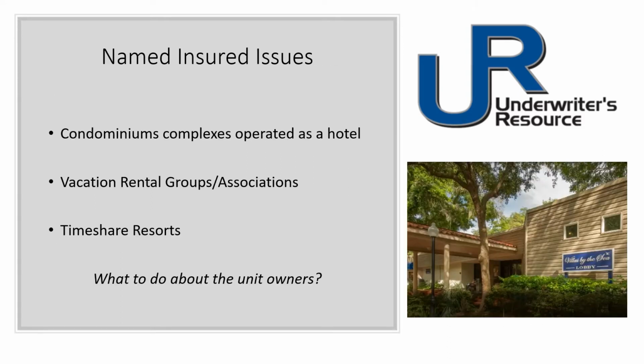With some types of hotels, motels, and resorts, there is a named insured issue. Particularly with condominium complexes that are operated as hotels. You have issues with vacation rental groups and associations, such as maybe places like Airbnb and even timeshare resorts. And the question is, just what do you do about the unit owners?